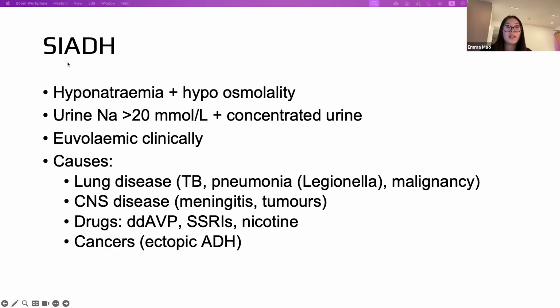Causes of SIADH can be lung disease, so TB, pneumonia, Legionella, and then malignancy as well. CNS disease can lead to SIADH, drugs, and cancers as well. It's a very random list, but SIADH is always one to consider when you have hyponatremia.